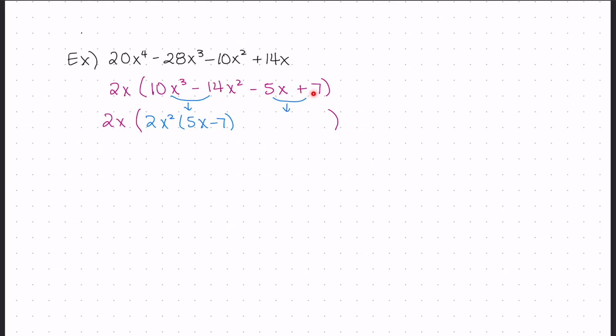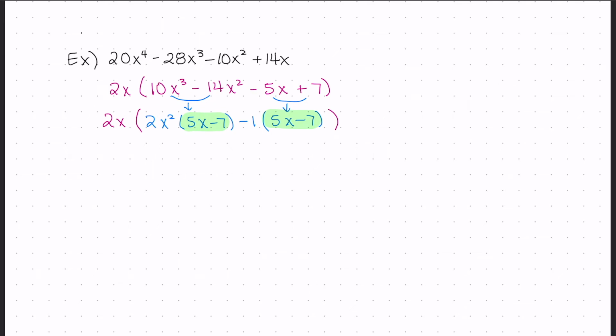So the greatest common factor may look like just a positive 1, but because of this leading negative, I'm going to go ahead and factor out a minus 1. And that leaves me with a positive 5x minus 7, and sure enough, these match.